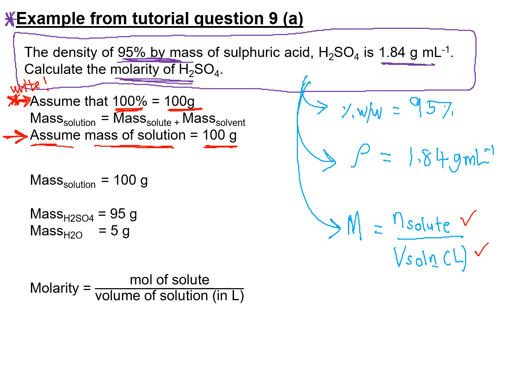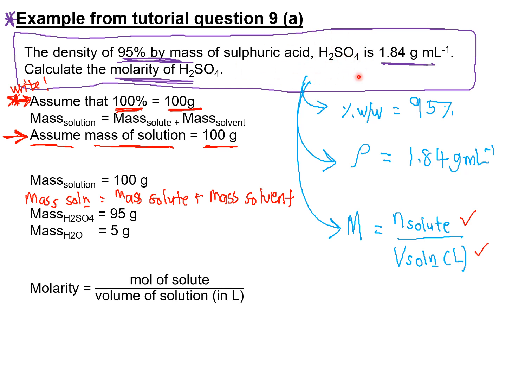So, mass of solution is 100 gram. Manakala, you tahulah kan, from this equation, the mass of solution is equals to mass of solute campurkan dengan mass of solvent. Dalam soalan ni, sulfuric acid di sini dia tak cakap pun sulfuric acid solution.